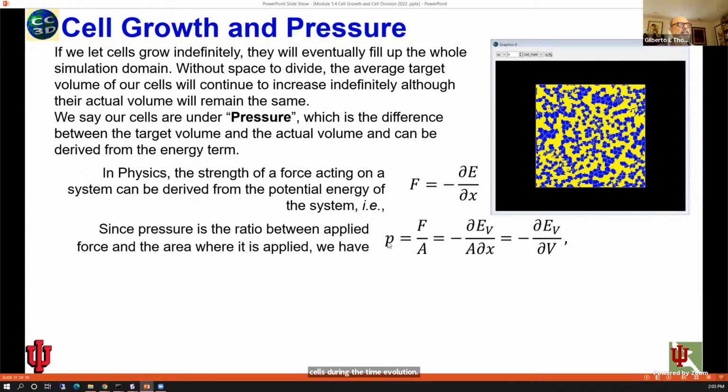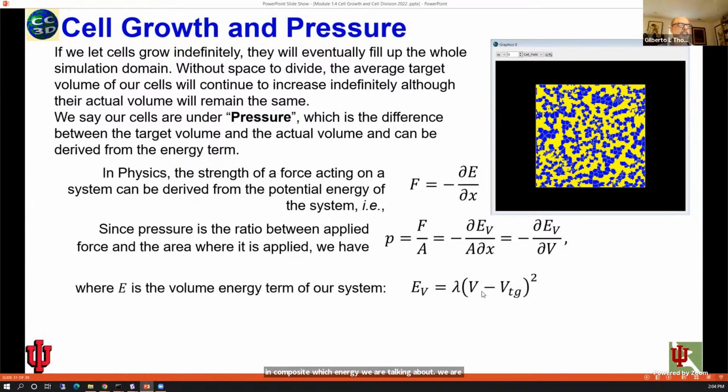So we have pressure as a variation of the energy with the volume of the cell. This is how pressure is defined in physics. Here in CompuCell, which energy are we talking about? We are talking about the volume energy. This one, the term that is included in the effective energy from the beginning.